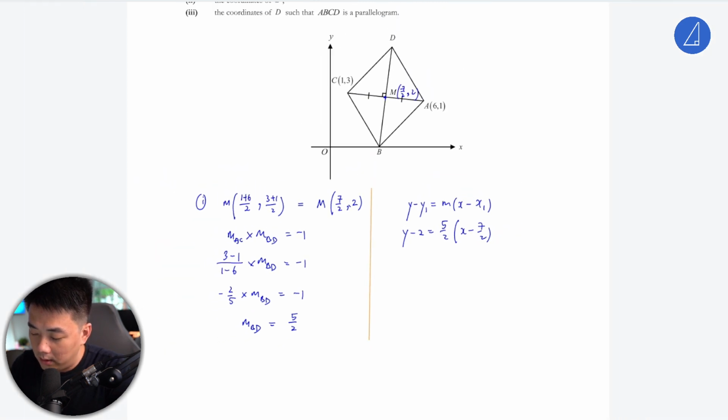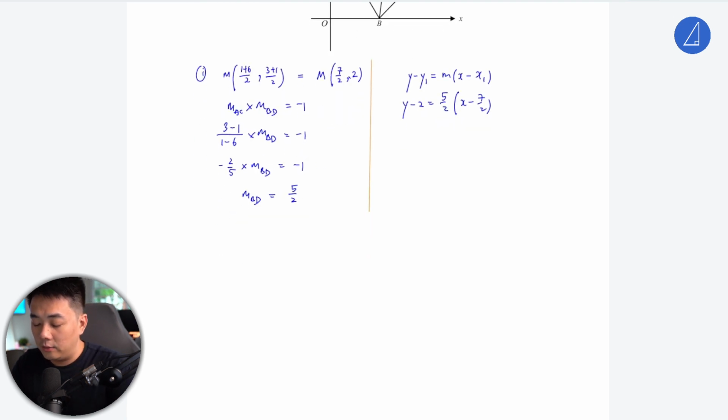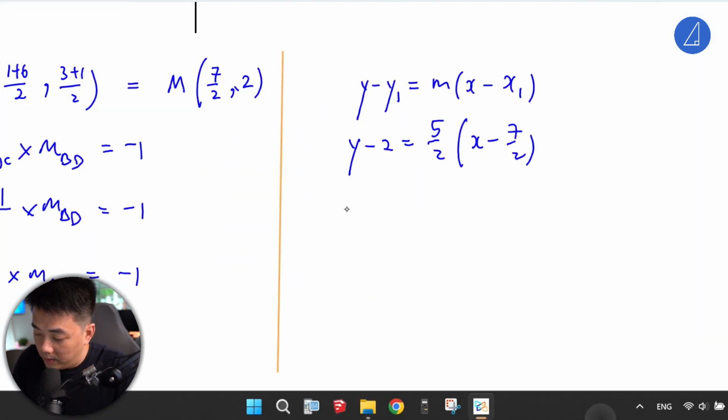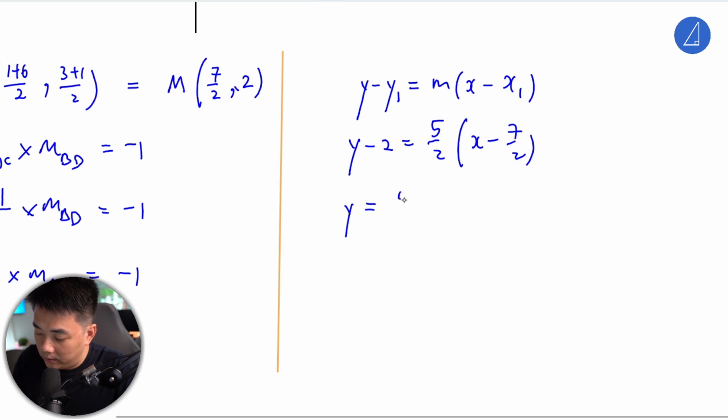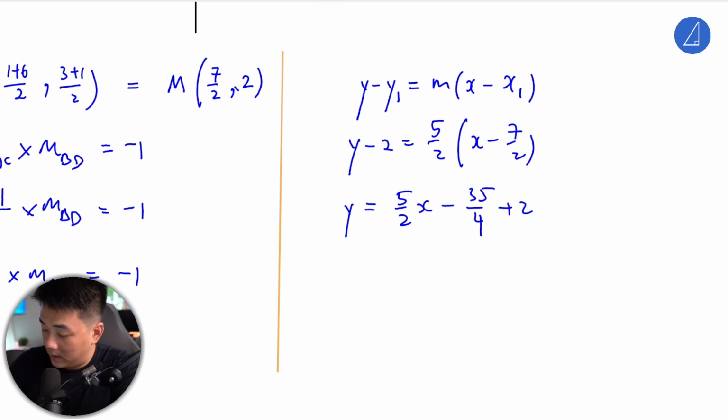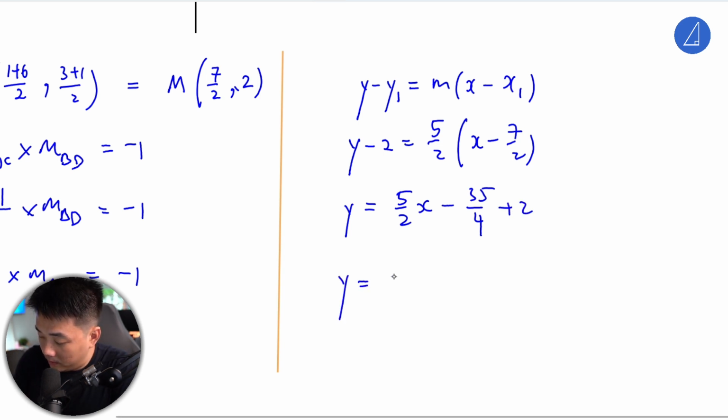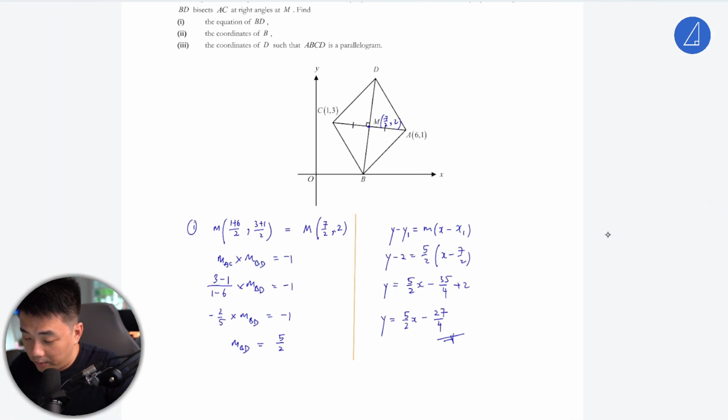So I just use the coordinates (7 over 2, 2). Then just expand this to find the equation of the line. There will be y equals 5 over 2 x minus 35 over 4 plus 2, which gives y equals 5 over 2 x minus 27 over 4. So this is the line equation of BD.